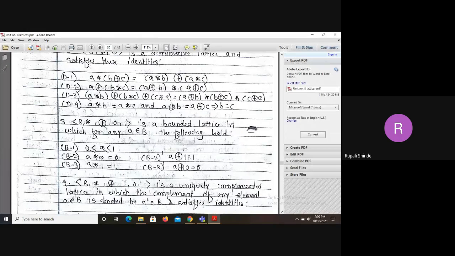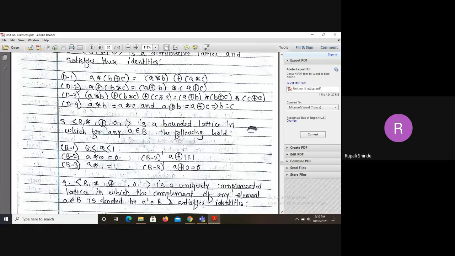Okay. Now the second one, A star 0. So what is the value? What we said in the first property is that A lies between 0 and 1. So that sequence will be 0, A and 1, if you start from the lowest element to the highest element.